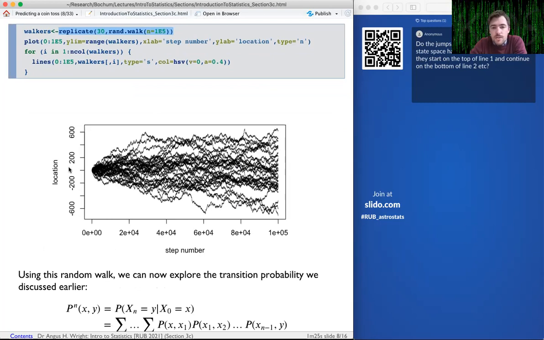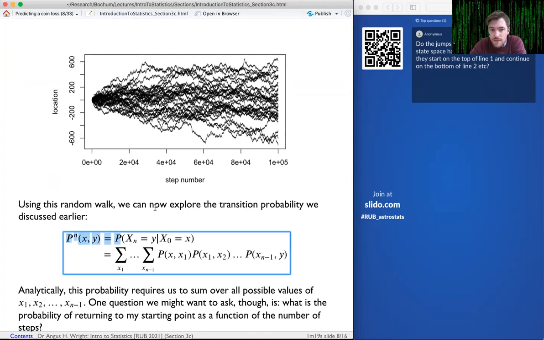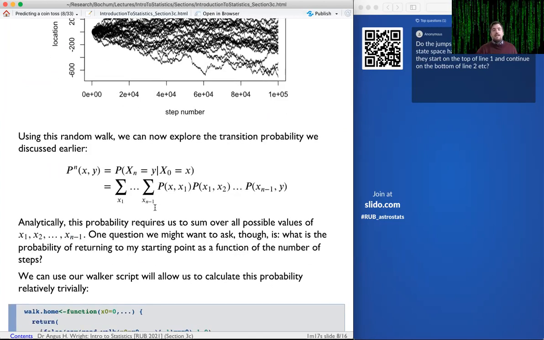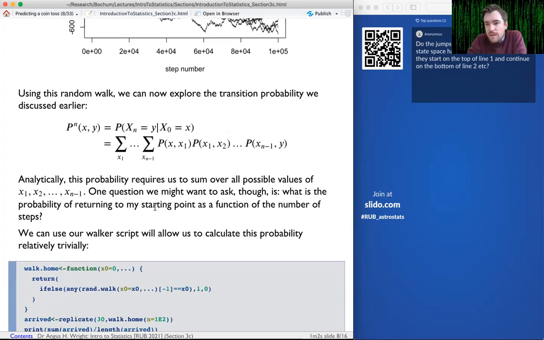We can use this sequence of random walks to explore this transition probability. But rather than calculating the probability of stepping between two finite places in the space, given a particular starting point and a particular endpoint, a more interesting question is: what is the chance that I return to the starting point?